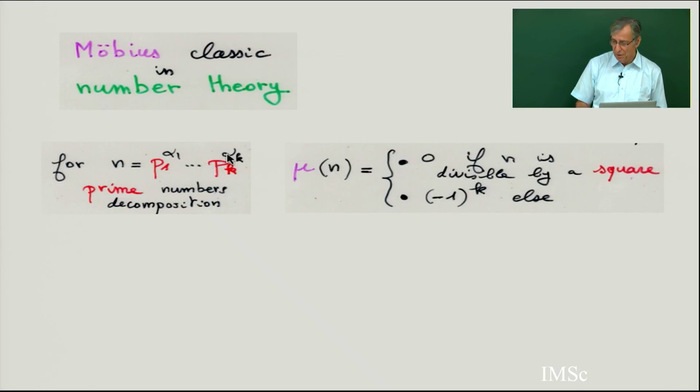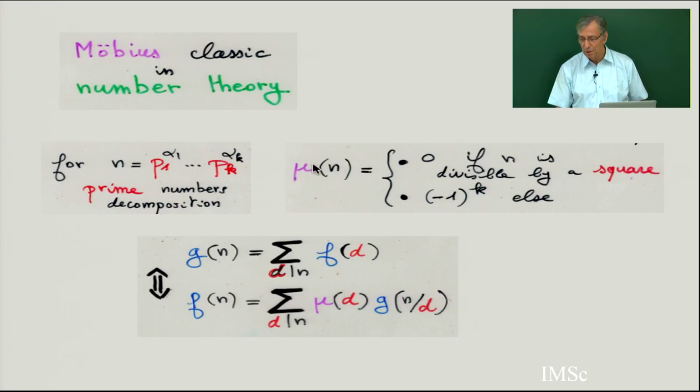When this Möbius function is introduced, it's very classical that it is related to the inversion theorem in number theory. The inversion theorem is this: suppose I have a function f defined for any number.